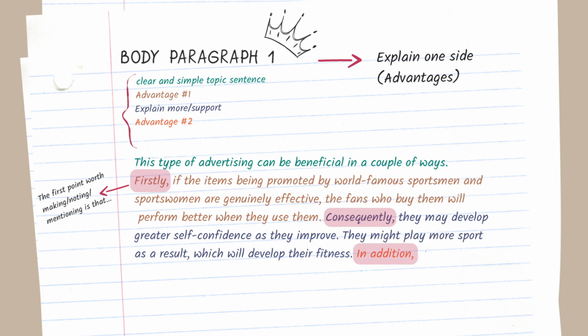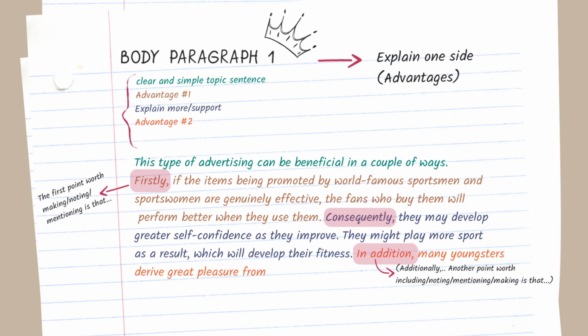Instead of in addition, you can write additionally, or another point worth including or noting or mentioning or making is that, then the rest of the sentence. Now here, after this, you should put your second advantage of this view, and then you explain that advantage. Many youngsters derive great pleasure from copying their heroes.